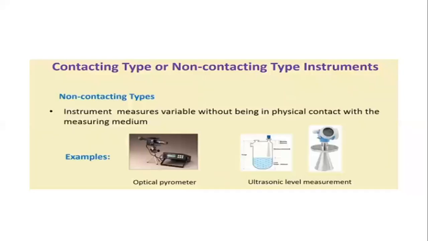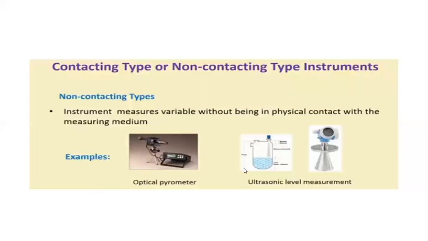This radiation can be sensed by a pyrometer, which can produce a proportional output voltage. So pyrometer is not in physical contact with the temperature medium.